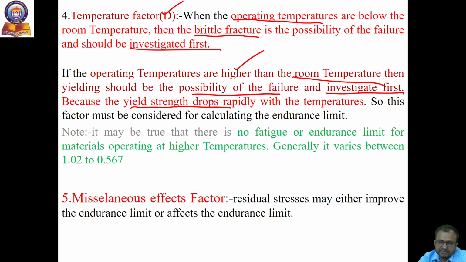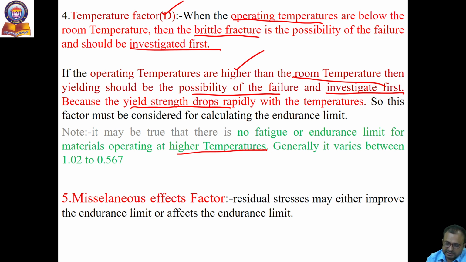So this factor must be considered for calculating the endurance limit. It may be true that there is no fatigue or endurance limit for materials operating at higher temperatures. Generally, it varies between 1.02 to 0.567.